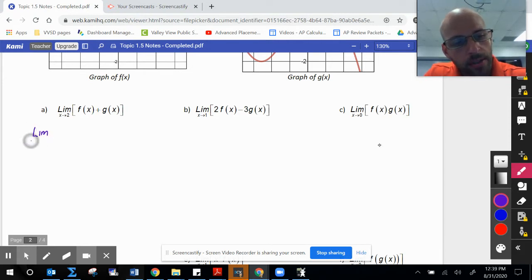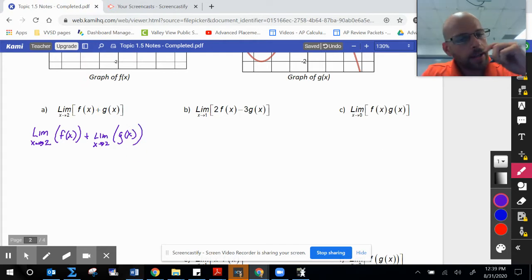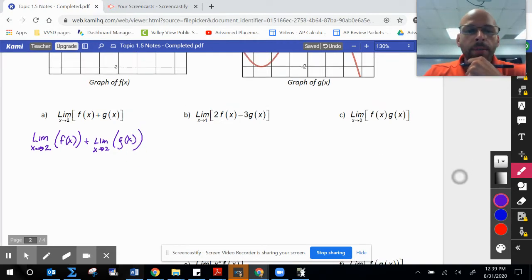So the limit as x approaches 2 of f of x plus the limit as x approaches 2 of g of x. And now I can just evaluate these two limits separately.